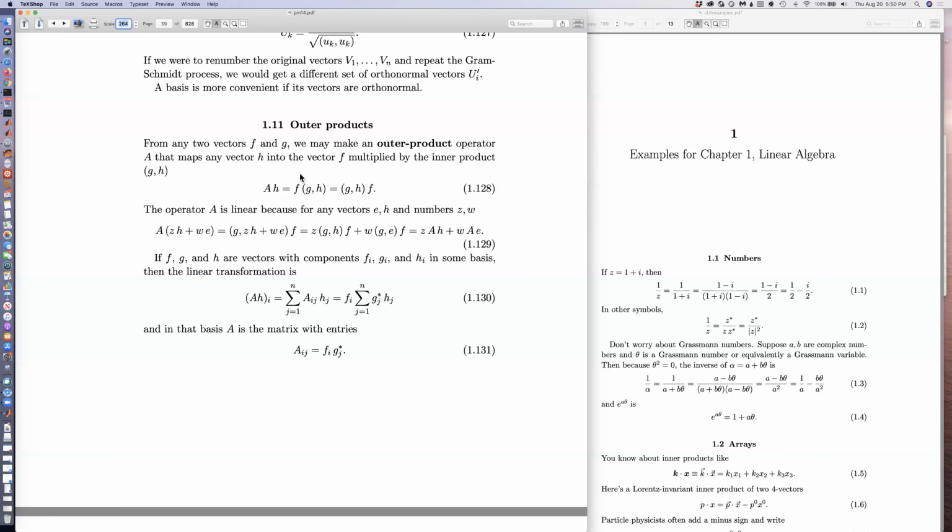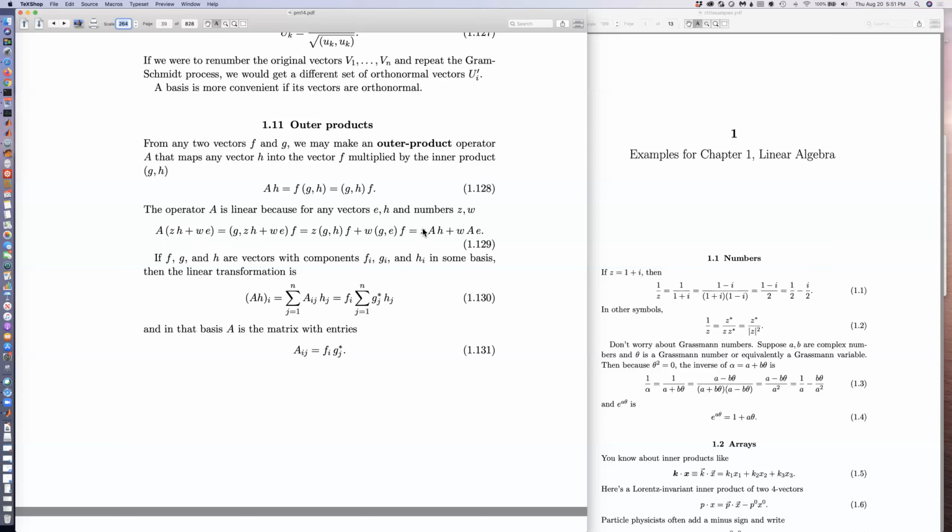It's just conventional to write the number in front of the vector if it's a column vector. If it's a row vector, sometimes you write the number to the right or to the left of the row vector. It's just a convention, but you're absolutely right that we could have written this as A on hz plus ew, and it would have come out to be the same thing.